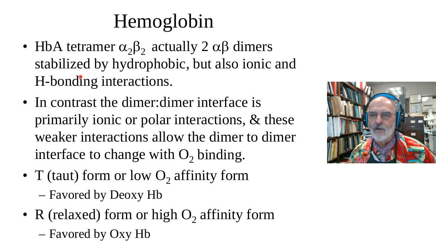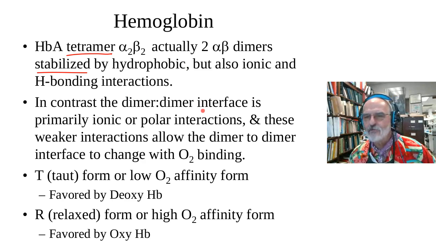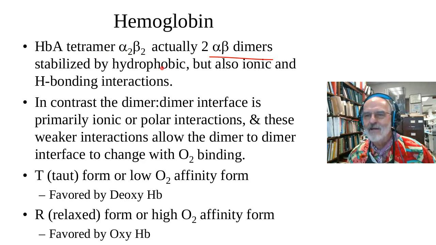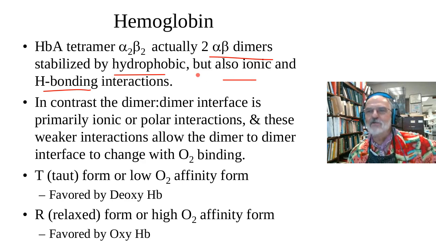The tetramer is stabilized by hydrophobic, but also ionic and hydrogen bonding. The dimer-dimer interface, I actually put the wrong emphasis there, didn't I? When I said and read that, the dimers are stabilized by hydrophobic, ionic, and hydrogen bonding. That's the way I first said it, and I think that's the way it's meant.